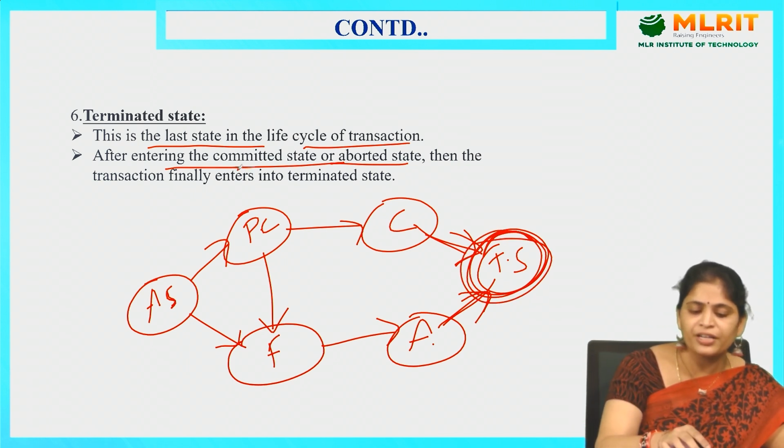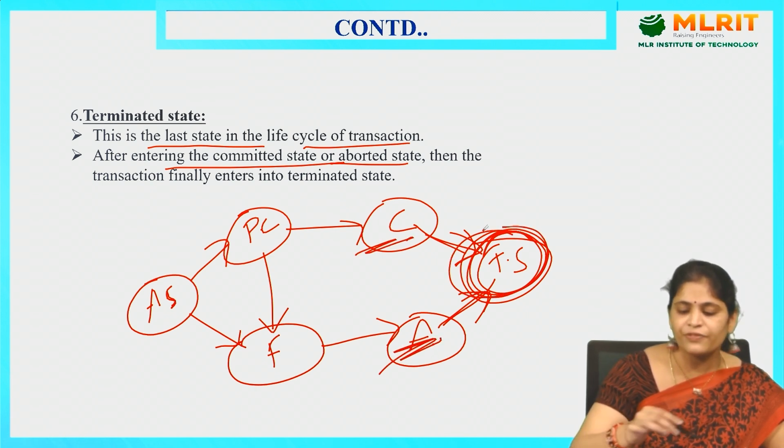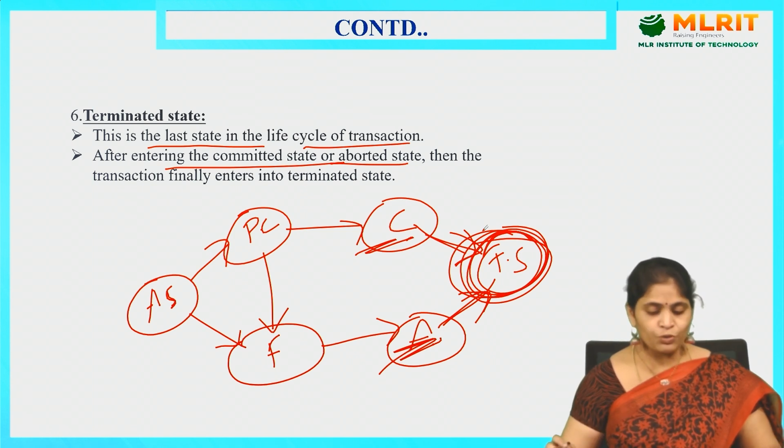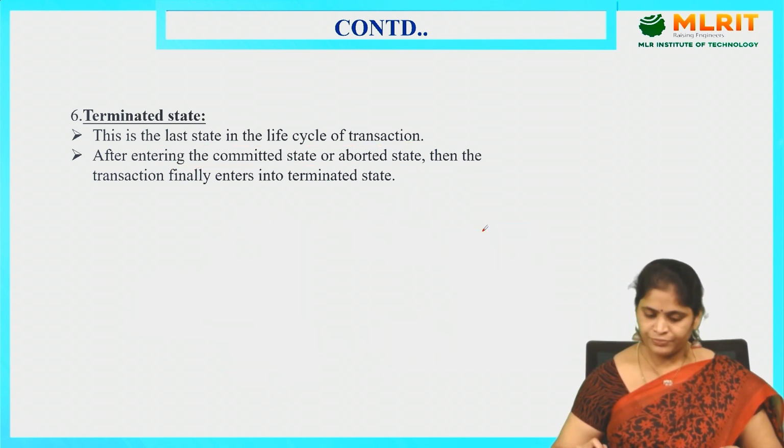So after entering the committed state or the aborted state, the transaction finally enters the terminated state. So these are the 6 states of a transaction.